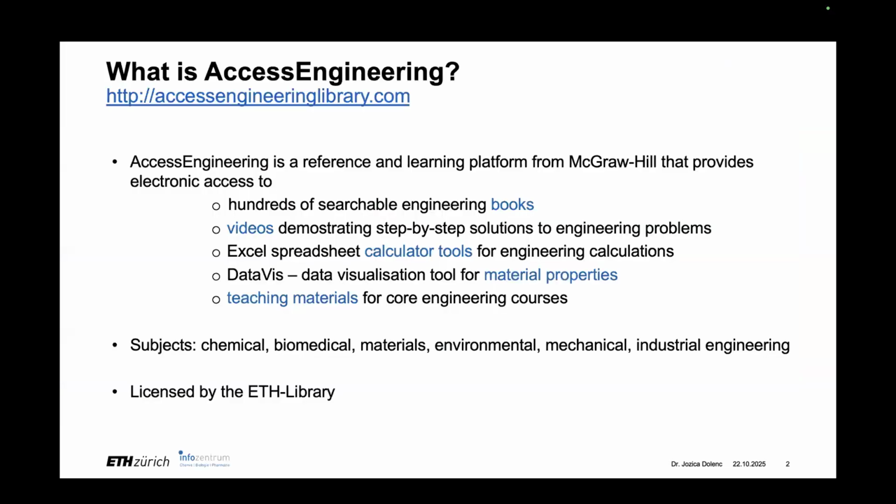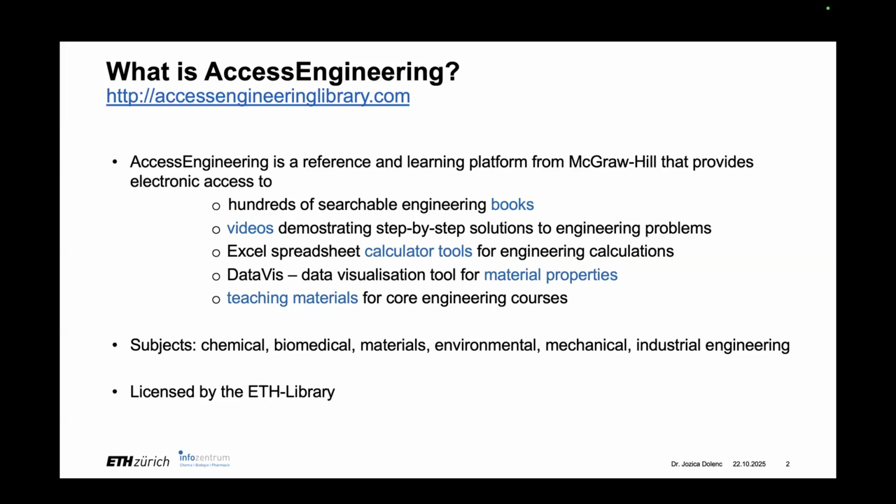So what is AccessEngineering? AccessEngineering is a platform, as I mentioned, from the publisher McGraw-Hill. What is really nice about it is that it provides electronic access to many engineering books, and you can search those books. There are videos available which demonstrate solutions to engineering problems.